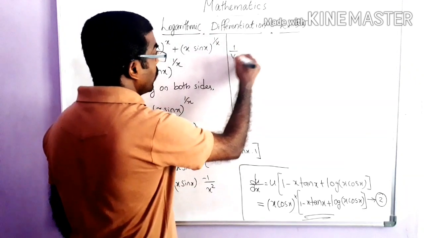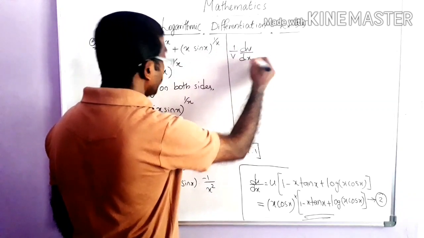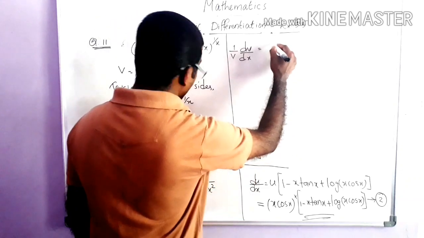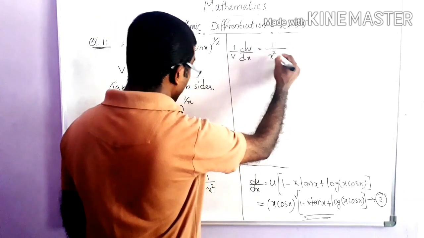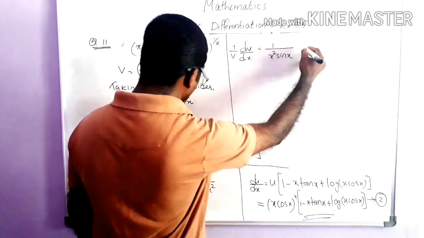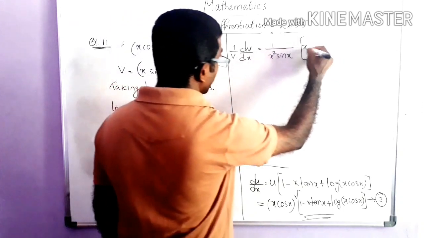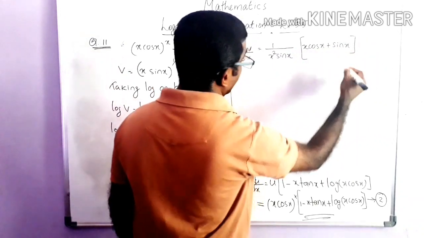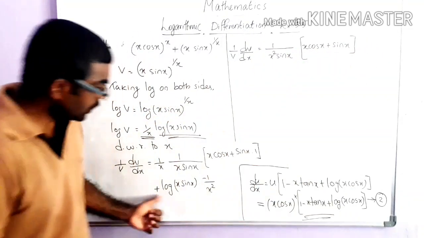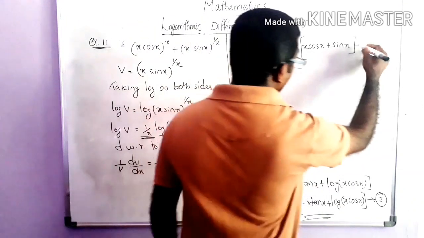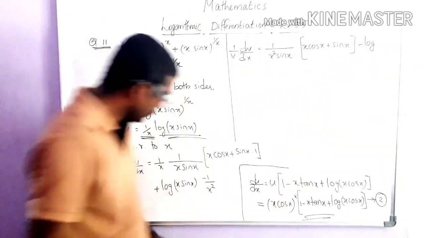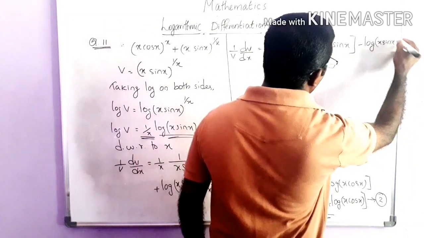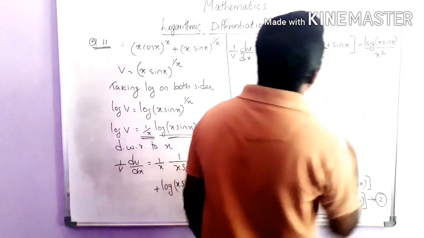So 1 by v into dv by dx is equal to, this we can write as 1 by x square sin x into x cos x plus sin x, then this plus into minus, minus log of this term x sin x divided by x square.